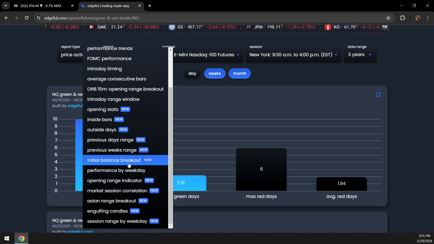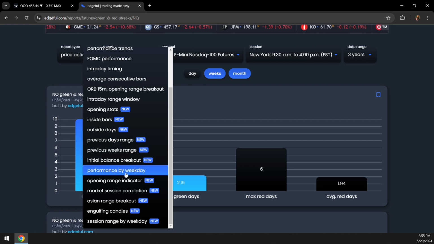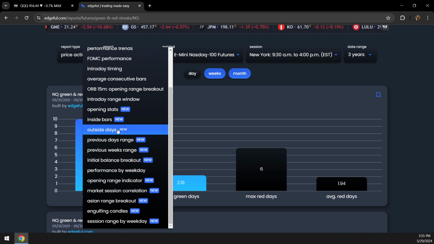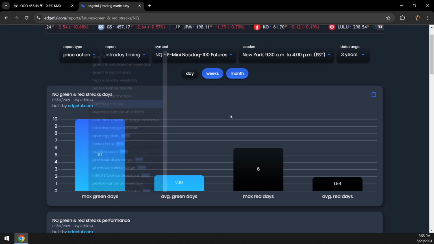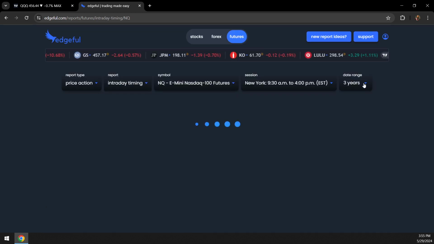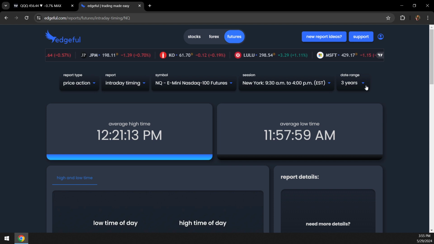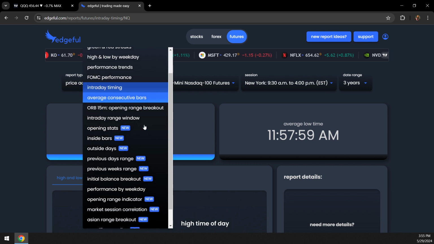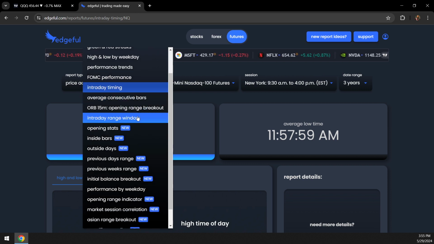There's another one in here that I like. Where's intraday timing? This one's interesting. I know some of you guys work and you have jobs, or you have certain windows that you can trade in throughout the day. So this tells you the average high time and low time. This wasn't the one I was looking for. Let me find it.